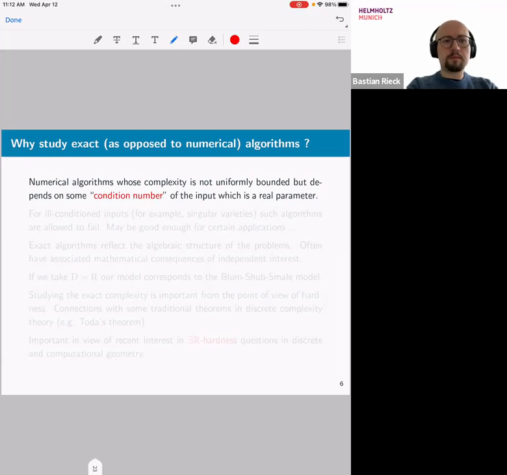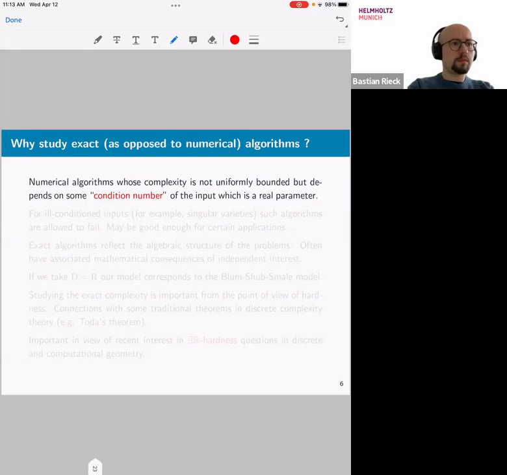Now, just a little bit from the point of view of motivation, I want to say something about why study these questions in this exact model, as opposed to, let's say, numerical algorithms, which are often the algorithms of choice in practice. So in this field, what one means by numerical algorithms are algorithms whose complexities are not uniformly bounded in terms of the size of the input, but depend also on some condition, which is typically a real parameter.